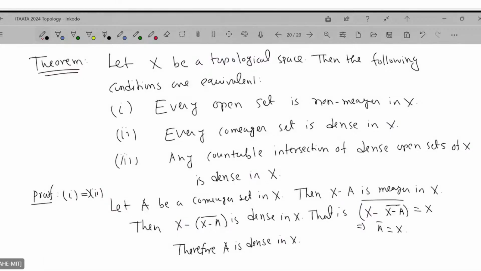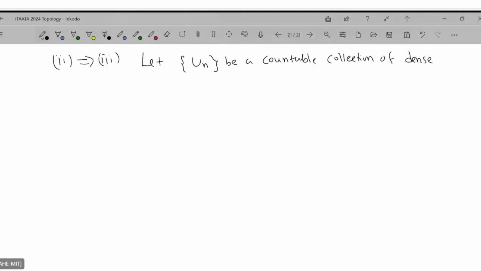Every co-meager set is dense in X. So we assume every co-meager set is dense in X. Let Un be a countable collection of dense open subsets of X. We have to show that the intersection of Un is dense in X.